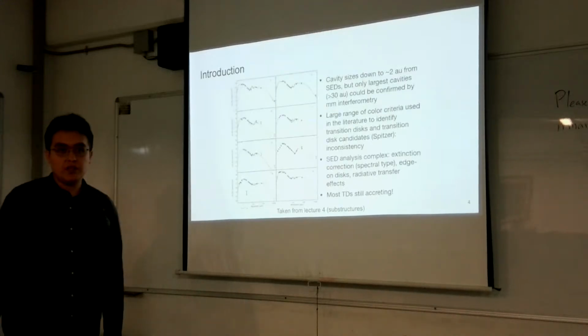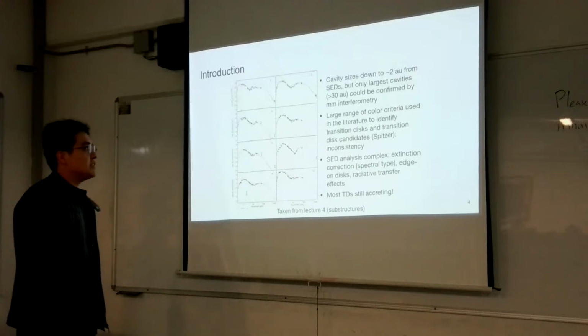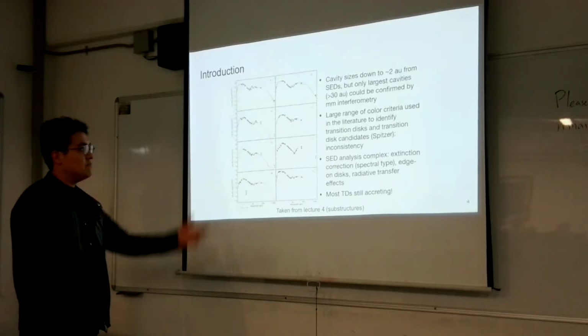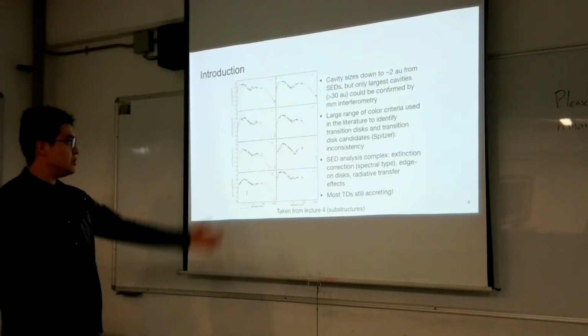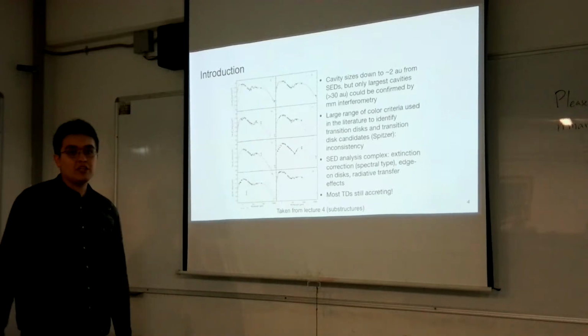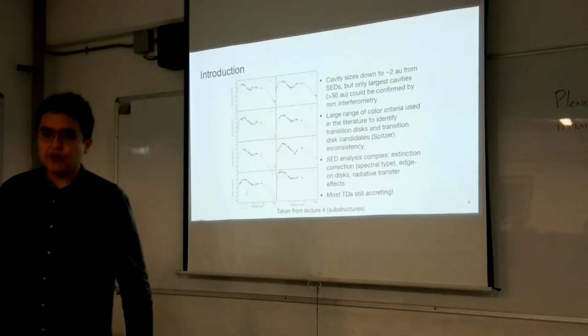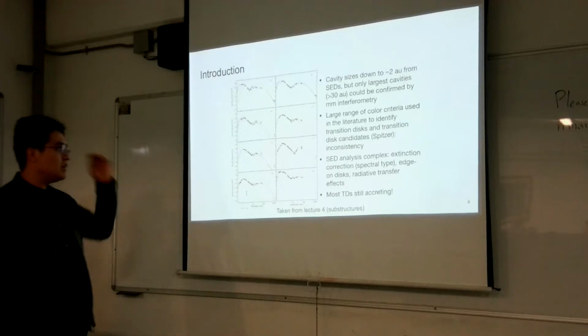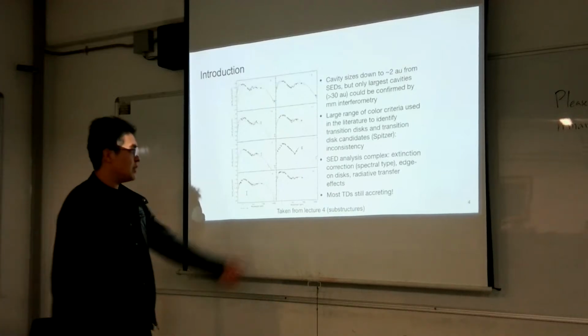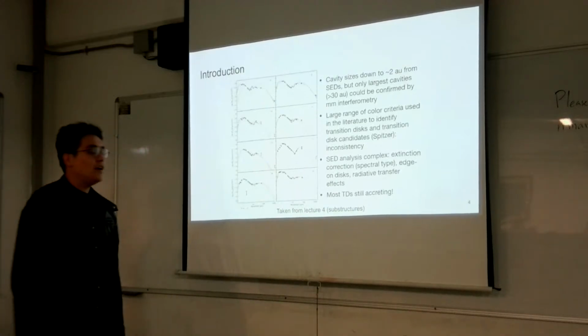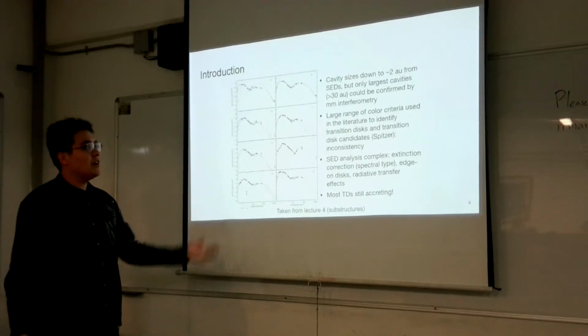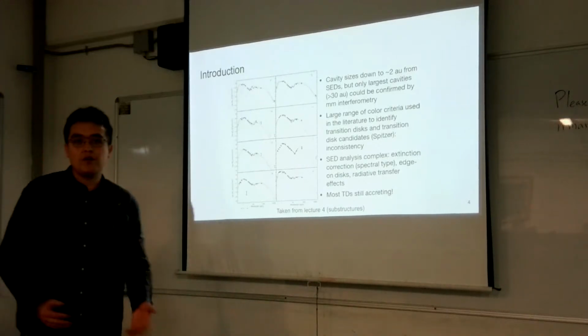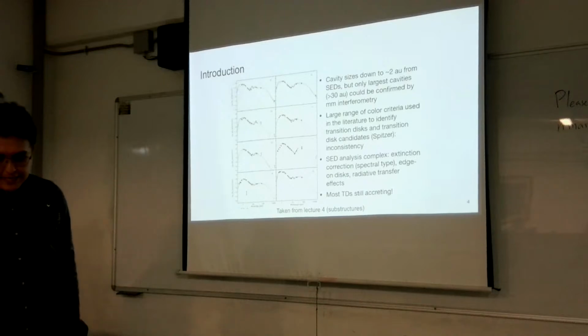As we saw in the lectures, there are characteristics like cavity sizes from 2 astronomical units to 30 astronomical units, but in this paper they also consider 45 astronomical units. Also, there is some inconsistency in the transitional disk definition because there are different criteria to consider one or another.